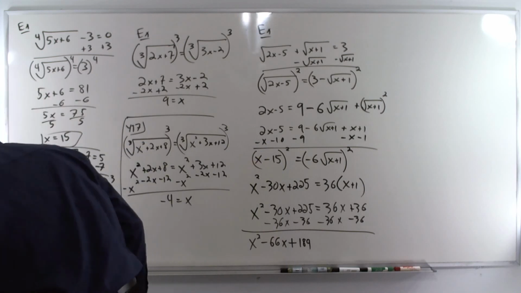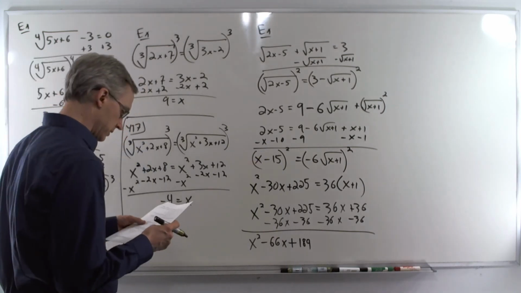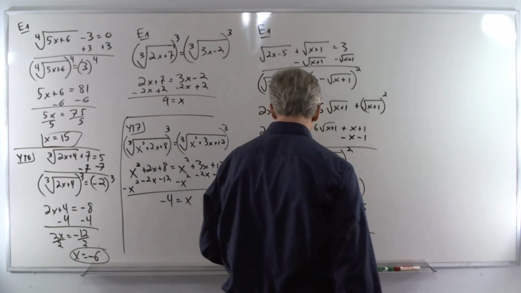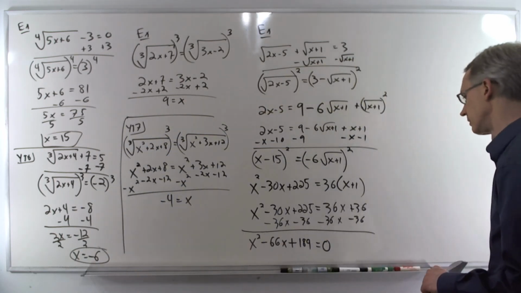I think that's right. I'm going to check that one. Minus 66 plus 180. Yeah, that's right. Okay, so that's the thing we have to factor in. That's going to be fun.